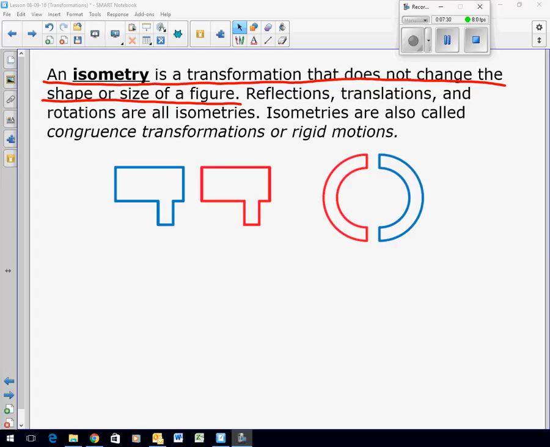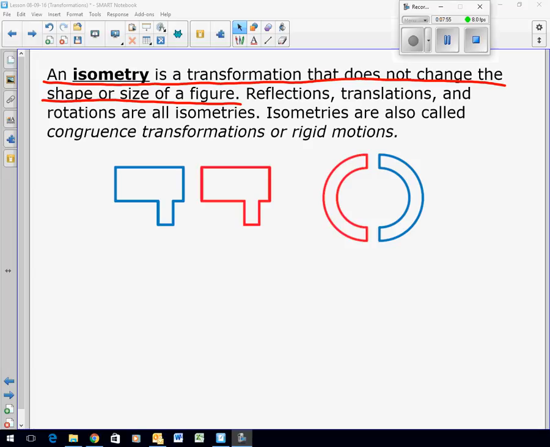Right. It's a big deal about this whole unit that you understand the following. Whenever I have an isometry, which is what we've been talking about so far, a translation, or reflection, or rotation, here's what that means.